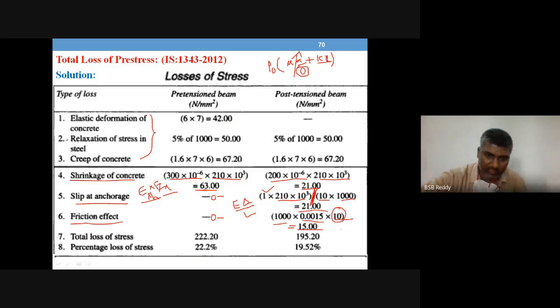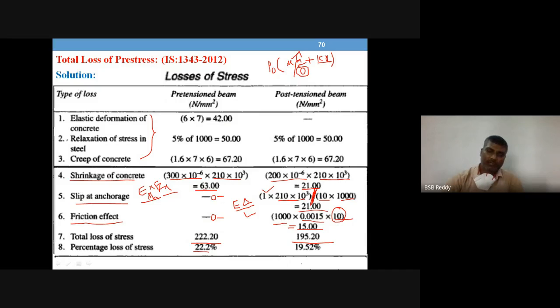So total losses work out to be, for the pretension member, 222.2. If you want it in terms of percentage, divide by the initial stress 1000 and multiply by 100, which gives 22.2%. And for the post-tension member, it works out to be 195.2 Newton per mm square as the loss value.